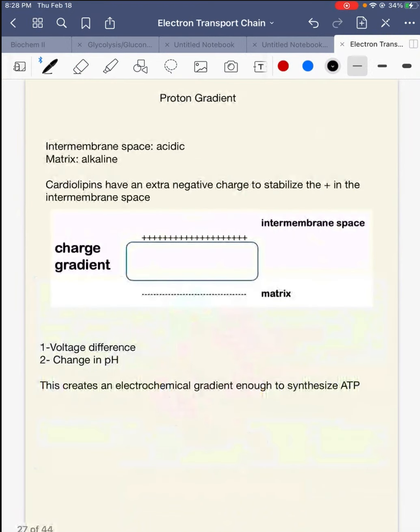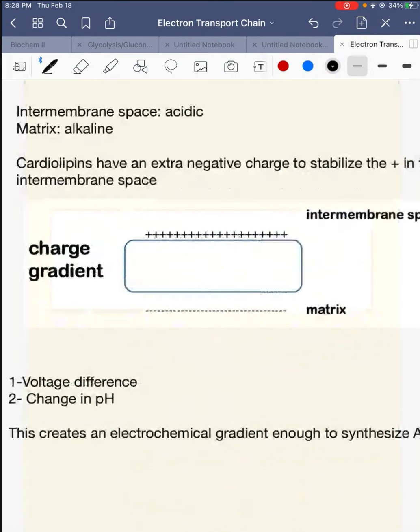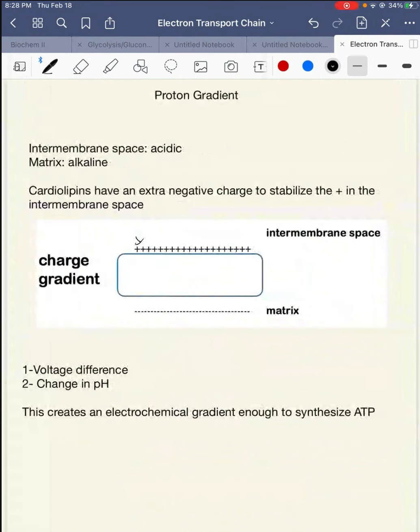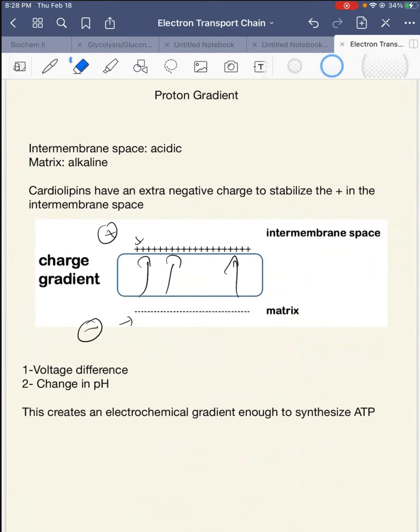Okay, so when we transfer the electrons, we make this proton gradient. We make the intermembrane space become more positive, and the matrix becomes very negative, because all the complexes pump protons in this direction. So the intermembrane space becomes more acidic from all the protons being pumped, and the matrix ends up becoming more basic or alkaline.